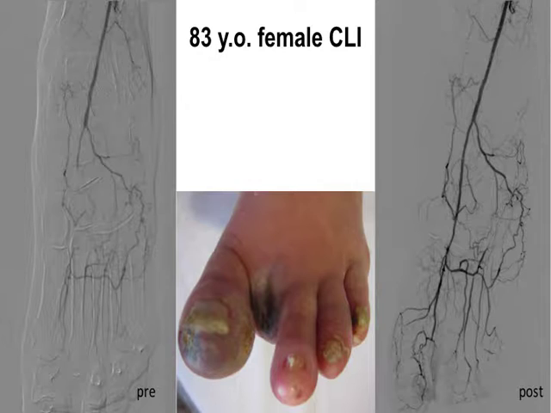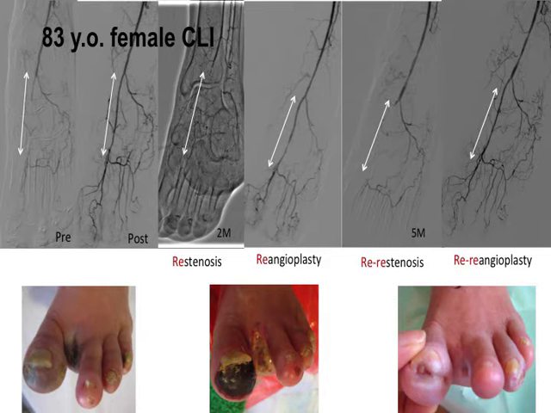Here is the angiogram of the left side. The dorsal pedis artery was occluded, so I opened it. You can see the wound healing started after the successful angioplasty, but 2 months later it just stopped due to reocclusion of the dorsal pedis artery.